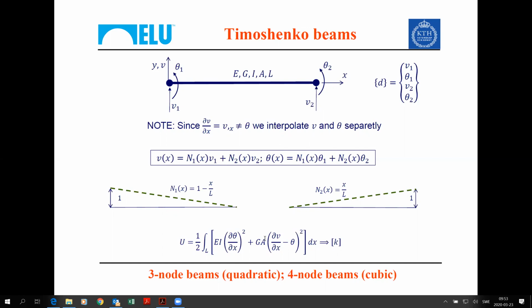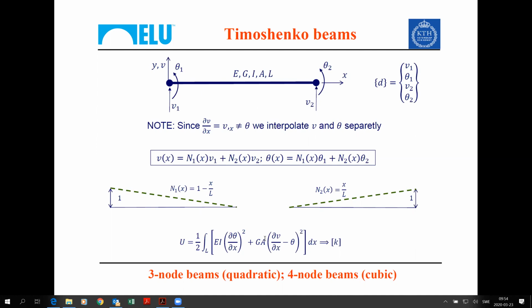which will mean that N1 of x and N2 of x cannot be anything else than linear functions. N1 of x would be 1 minus x over L, and N2 of x will be x over L. The same form functions can be used for theta. So N1 of x V1, N2 of x V2, and for theta of x, N1 of x theta 1, N2 of x theta 2.